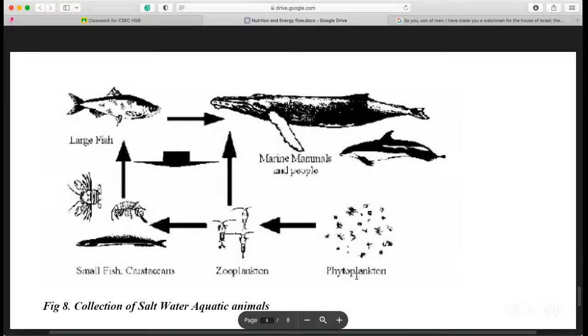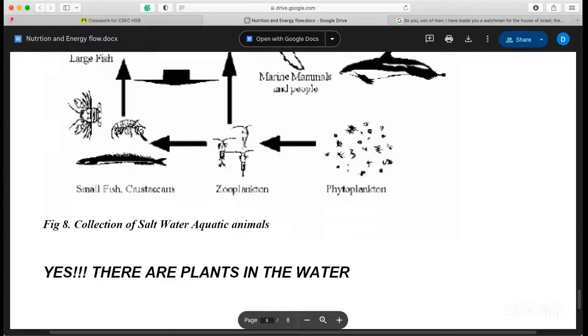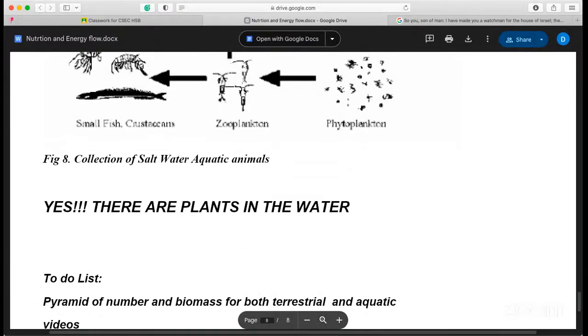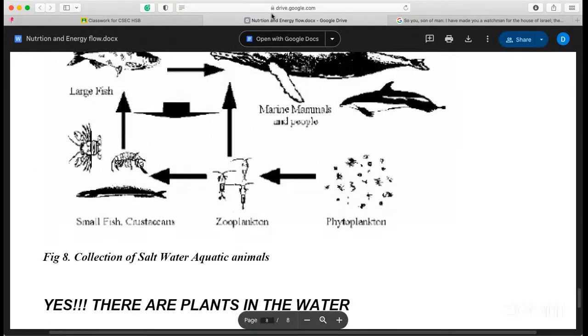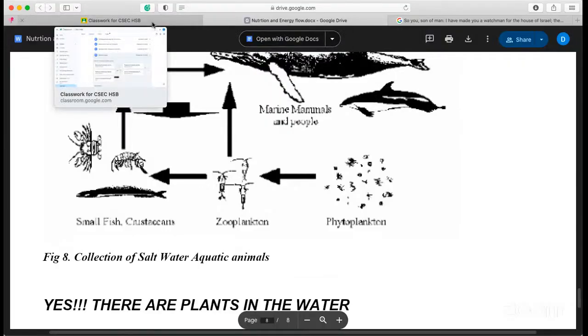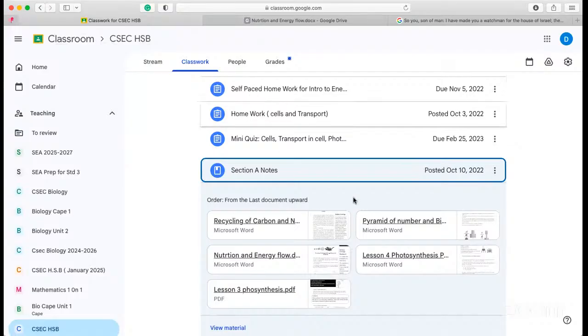So this is a web that we can pull on, right? So you're going to see past paper questions that we're going to practice eventually on these topics, all right? So let's move on to our pyramid of numbers and biomass.